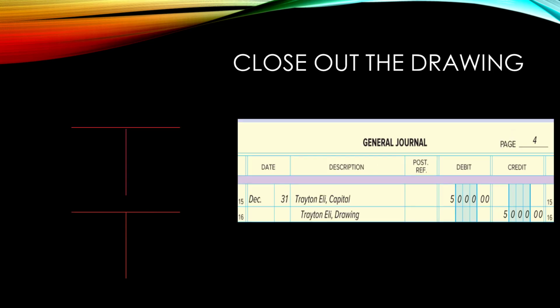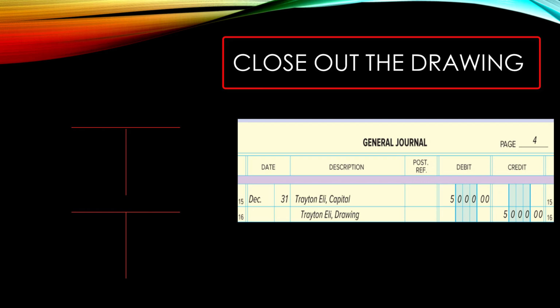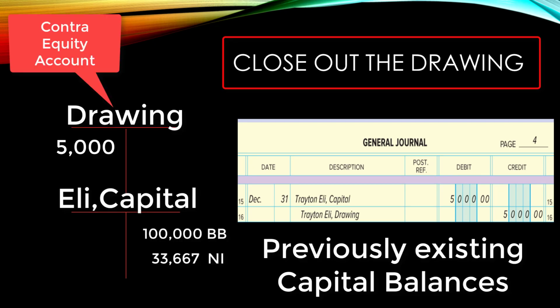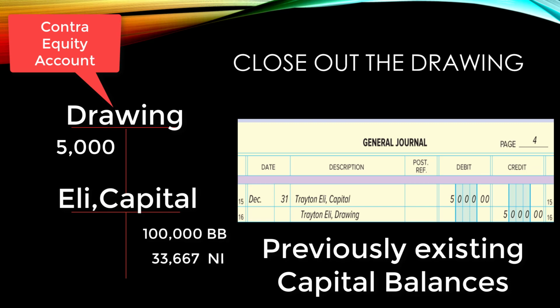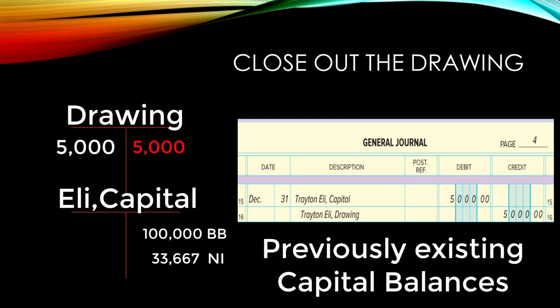On to the last step, which is to close out the drawing. Drawing was a contra equity account that had a debit balance. The goal of closing entries is to wipe it out. So to close the drawing account, we would credit the drawing account and debit the capital.